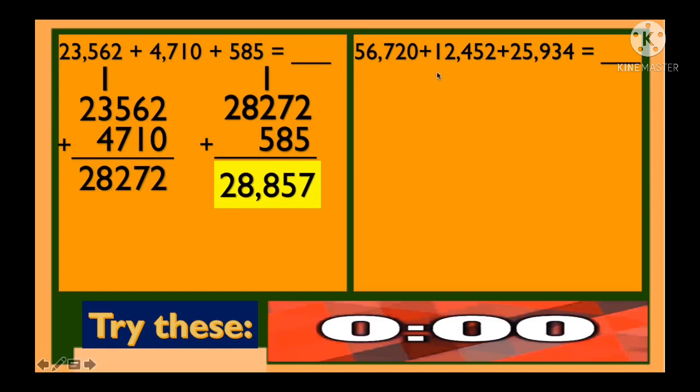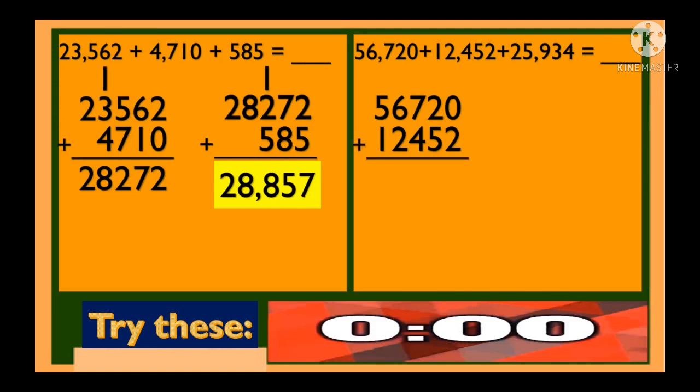How about number 2? Let's now line up these two numbers first. We have 56,720 plus 12,452. Correct? Don't forget the symbols.